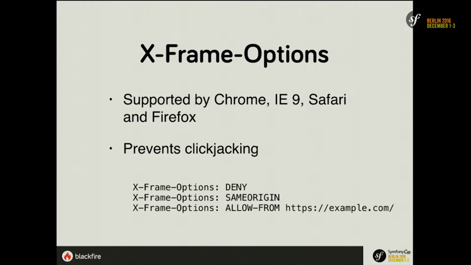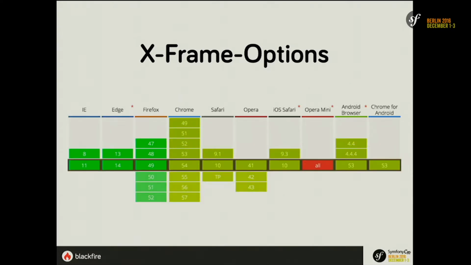So this header helps protect users from having their credentials or sensitive data stolen. You have 3 values for this header: deny, same origin, the same URL of the website, and allow-from with a specific URL listed. It's covered by most of the browsers, except Opera Mini, I think, and it's cool.